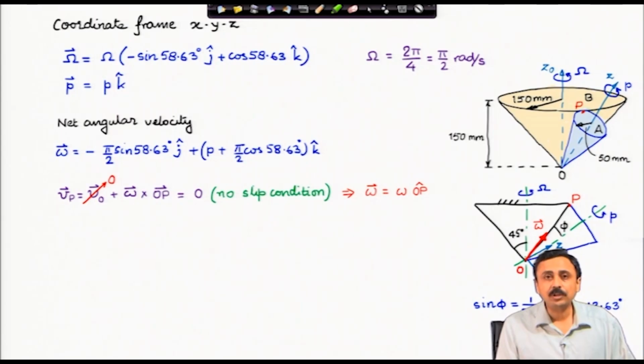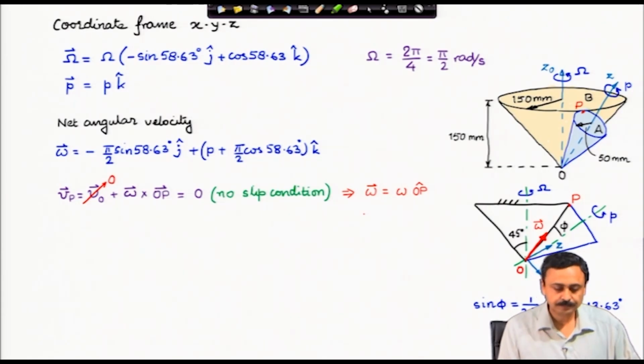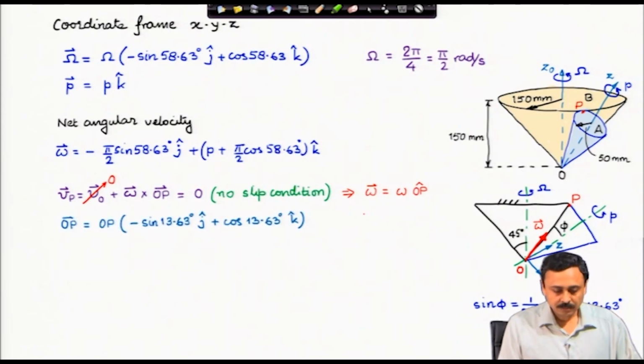The net angular velocity of cone A is along the OP cap vector, the line of contact between cone A and cone B. Therefore, omega must be some magnitude times OP cap, the unit vector along OP.